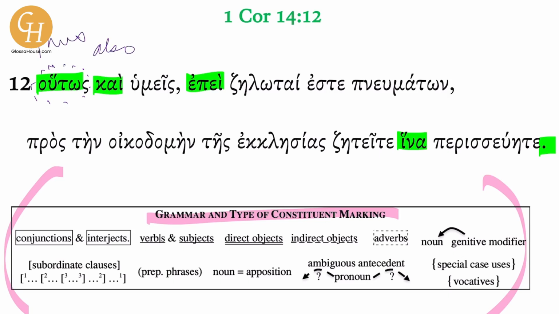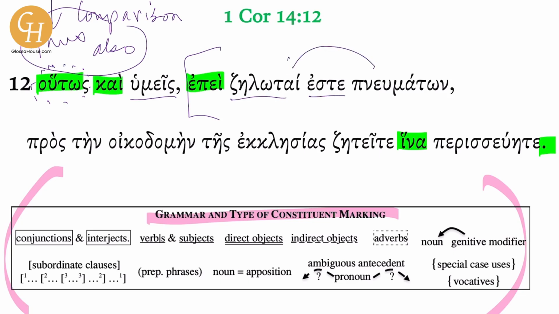And so what's happening is that there's an extended comparison happening. Humeis, thus also you. Since epei zēlōtai este pneumatōn. So the zēlōtai is a predicate nominative working with este with the fronted humeis, okay?